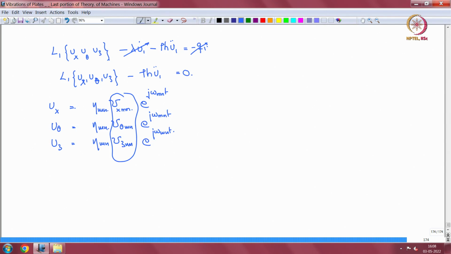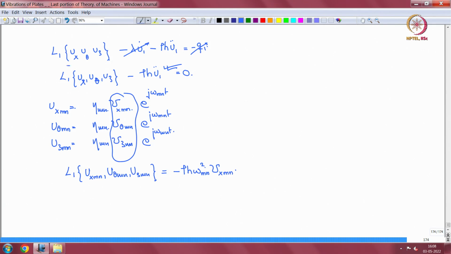Okay. Then for this case I will get L1, with an index mn, of Ux mn, U theta mn, U3 mn, will become equal to minus rho h omega mn squared Ux mn.